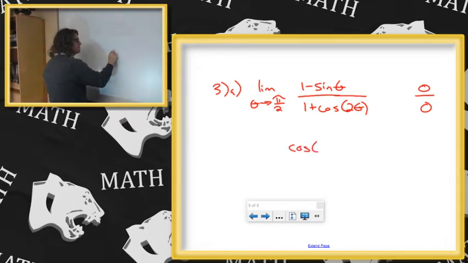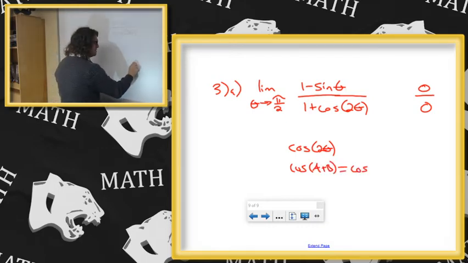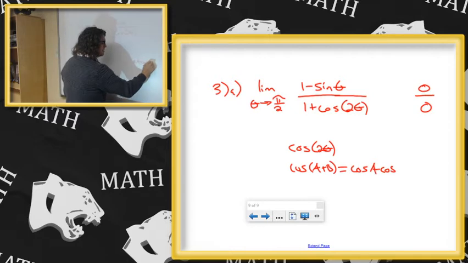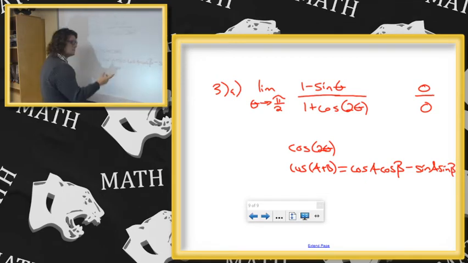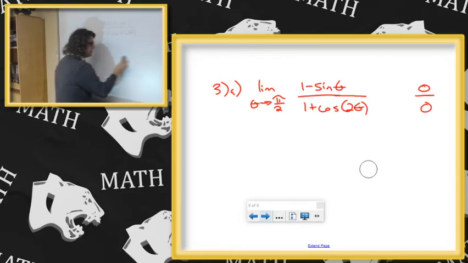So cos 2 theta is basically the same thing as cos a plus b. And I know that that one is cos cos minus sine sine. And so it would be cos squared minus sine squared, which is what I thought. So that's good. All right.